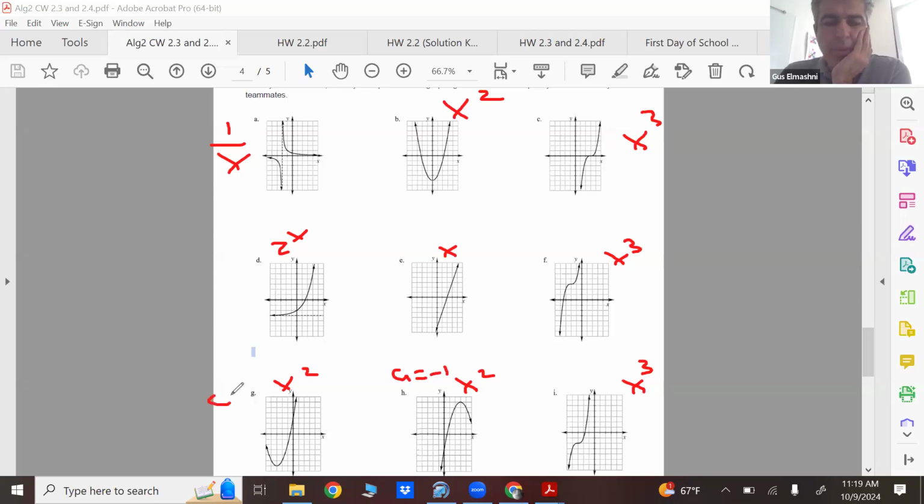But all the other ones, a will be 1. Actually for I, yeah, no, a is 1 also. So what you need to do is figure out h and k.